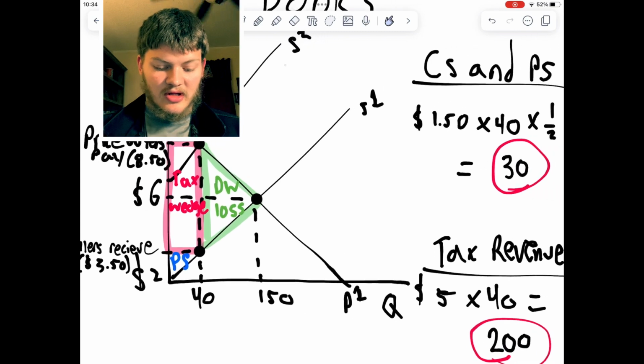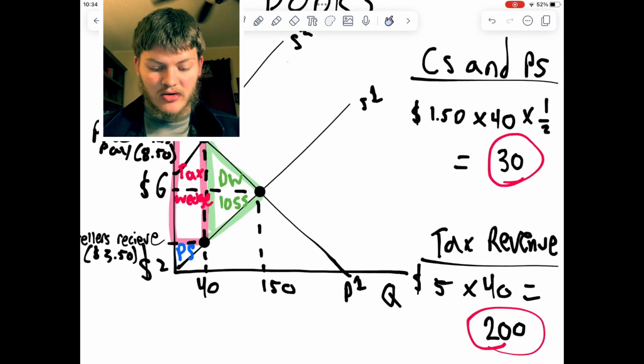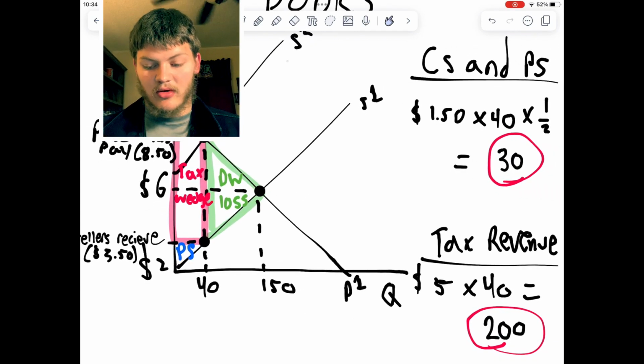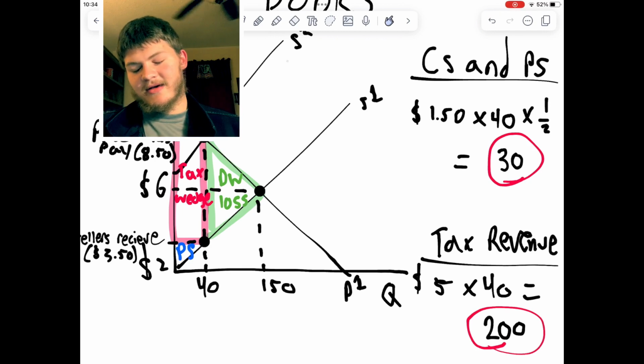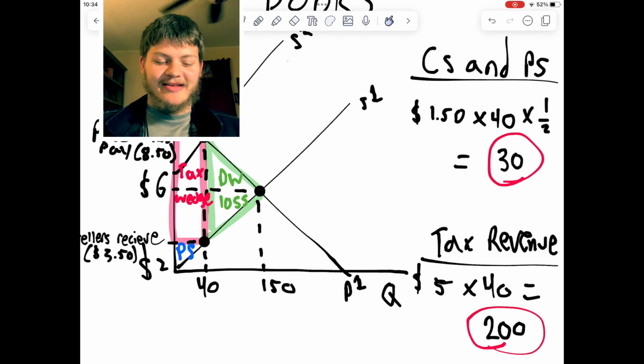So the tax wedge is also added into the total surplus now because some of the money in the market is going to the government, so we're going to add that.